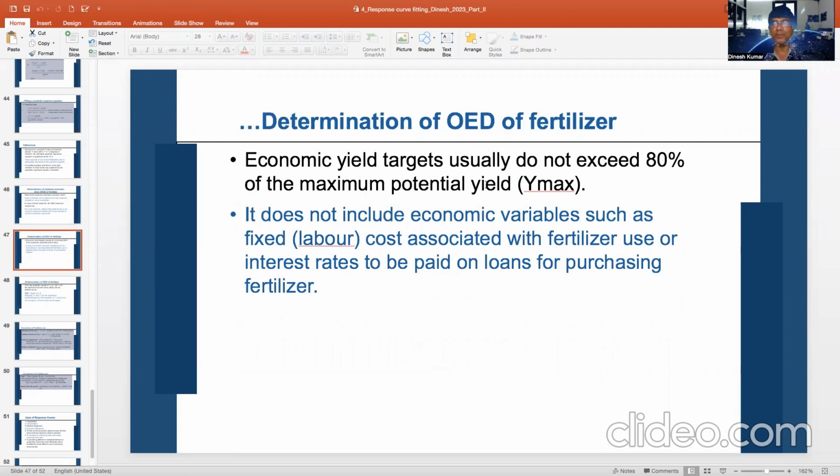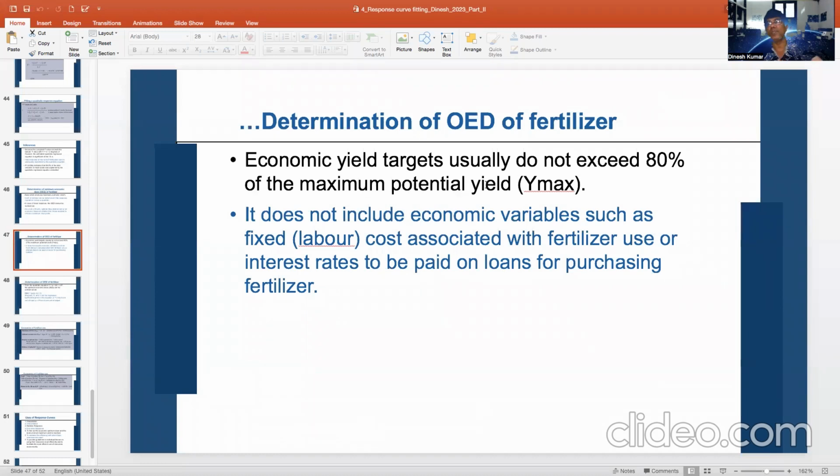Suppose you get the maximum yield at 130 kg, but that may not be economic. People have conducted several experiments and they say roughly it is 80% of the maximum yield dose. The dose where you get maximum yield is your maximum yield dose. So normally the optimum economic dose is 80% of the maximum yield dose.